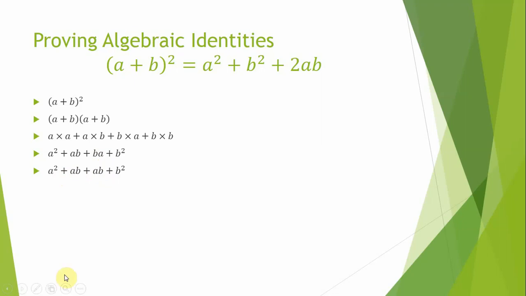Moving on, we add ab plus ab. These are like terms, and we add them as we leave the a squared unchanged, b squared unchanged. This can be written as ab into (1 + 1).